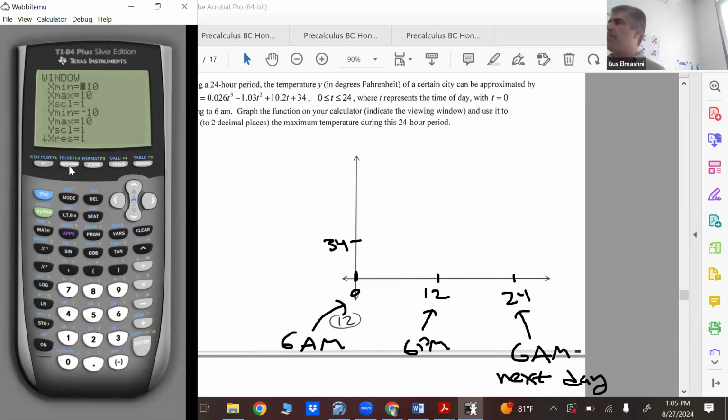I should change the window though. What's a good window here, guys? Well, we'll go 0 to 24 for x, and I'll make this intervals of 4. It's up to you. I don't really care. For the y, do we care about negative temperatures? Not really. I'll probably do 0 to maybe 80, and then make that 20.